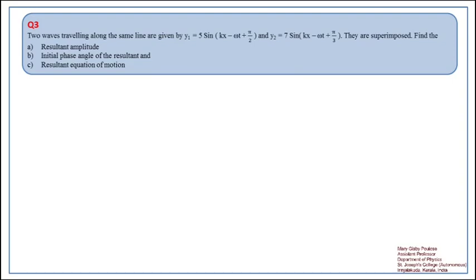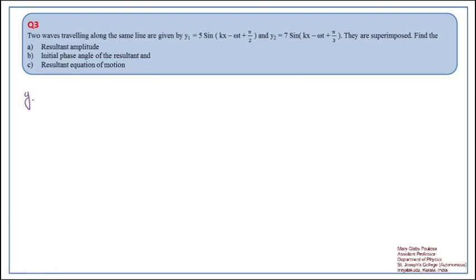So we have derived this same thing in the theory, but we had used A1 and A2 for the amplitudes and phi 1 and phi 2 for the phases. Okay, here the difference is that these values are provided. So let's do it.